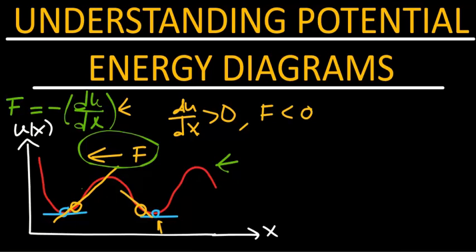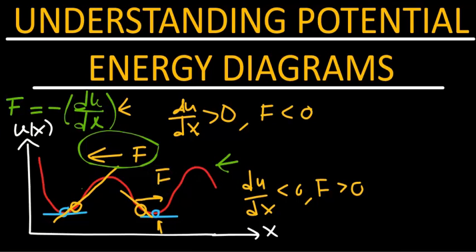At that point, you can see the slope is negative, and that would make the force acting on it positive. So in this position, the force acts in this direction, again trying to restore the glider back towards that point. Such a force is called the restoring force, because as we can see, when the glider is displaced to either side of that minimum point, the resulting force tends to restore it back to that minimum point.